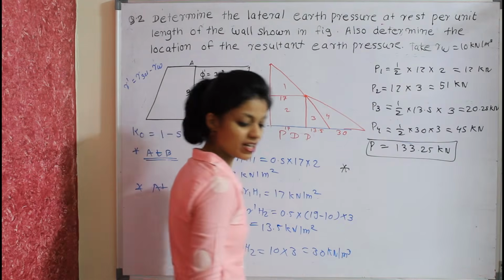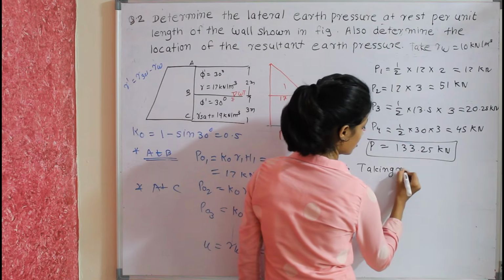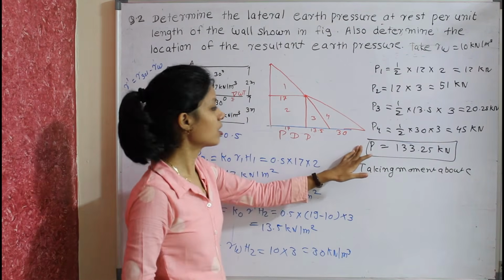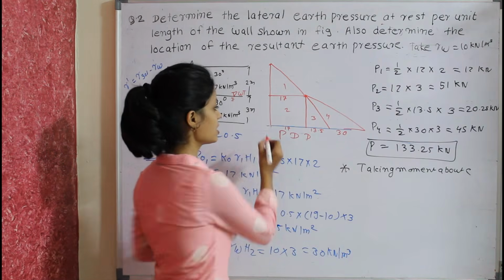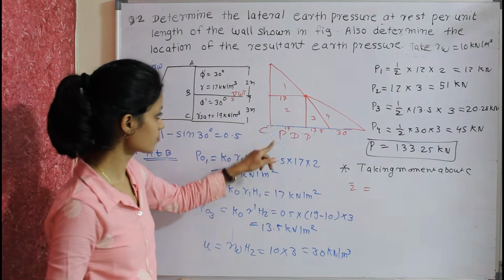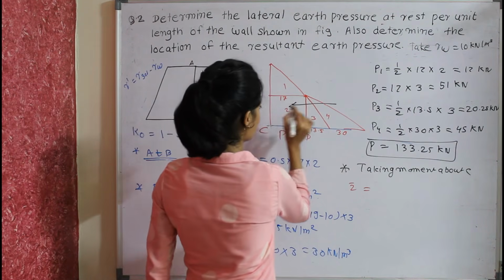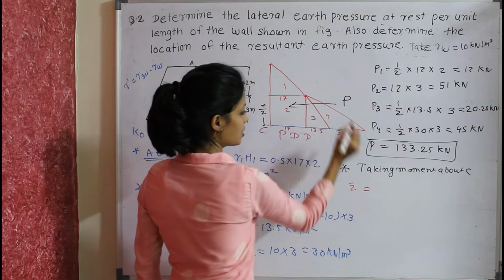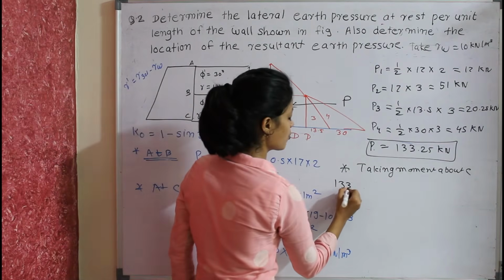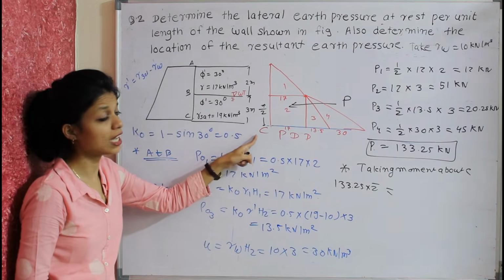Next, taking moment about C. Therefore Z bar is where the total pressure acts. The total pressure P is 133.25, acting at a distance Z bar from C, and we have to calculate this Z bar.